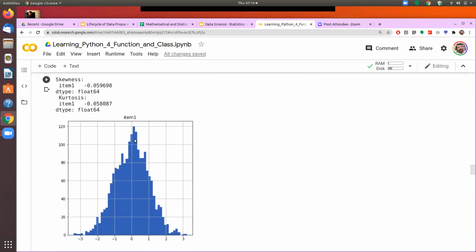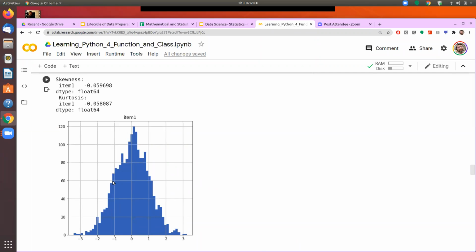When we draw this type of histogram, what is depicted is first the values on the x-axis and the frequency of that value on the y-axis. So in this case, what this means is that in the data set, the values which are say around 0, or slightly negative and slightly positive, have a frequency of 120. It means that in my data set, 0 is appearing about 120 times.